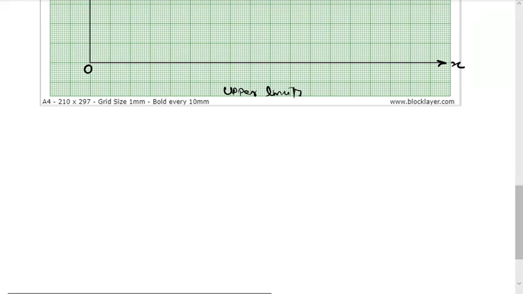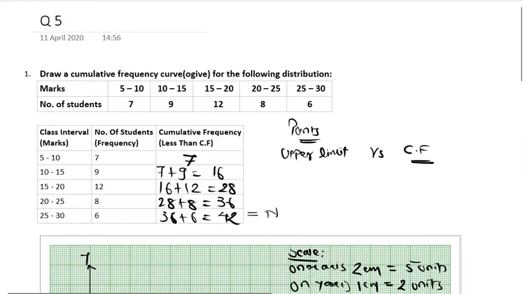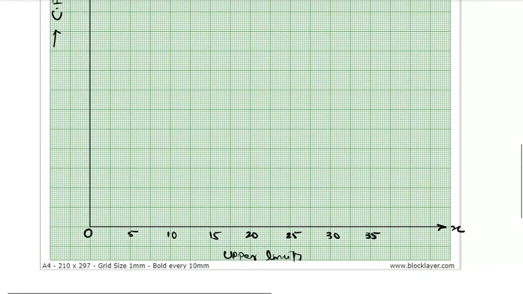So I have to write 5 after 2 blocks, 2 centimeter, right? So here it's going to be 5, 10, 15, 20, 25, 30, 35 if necessary. Is it necessary, 35, 40? No, only up to 30.